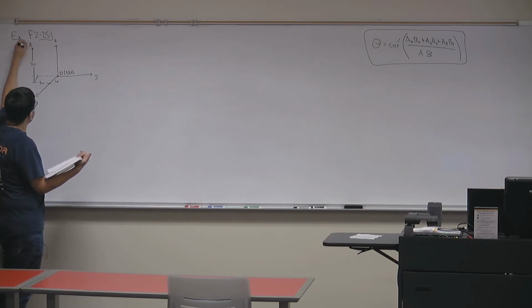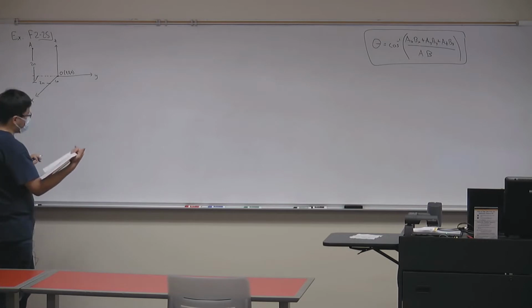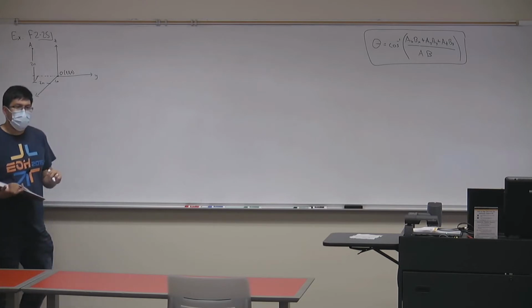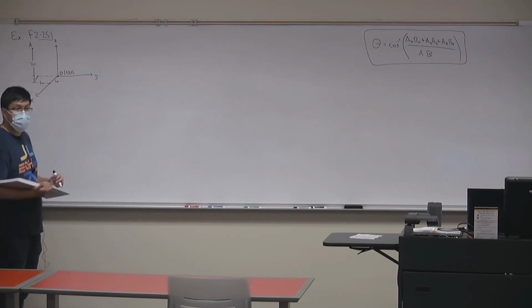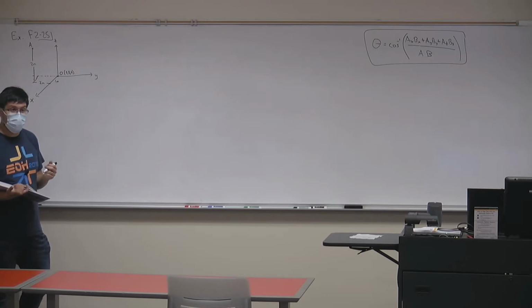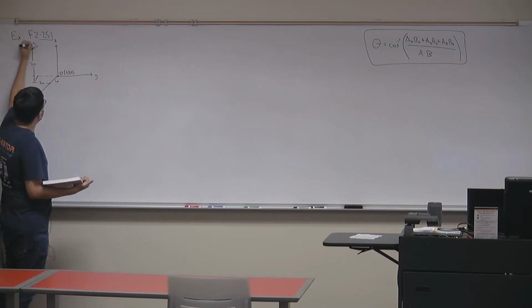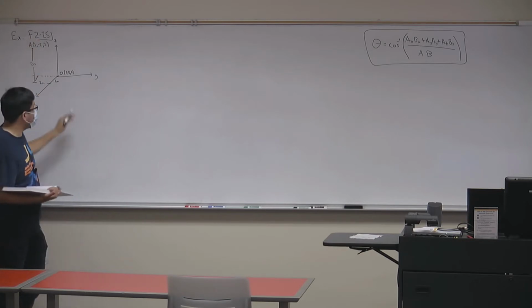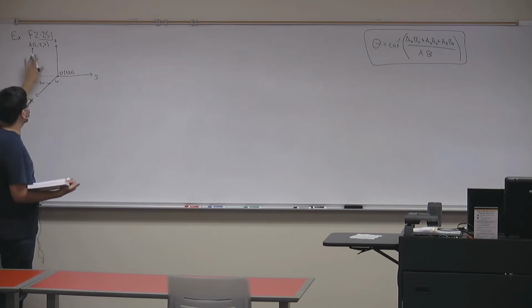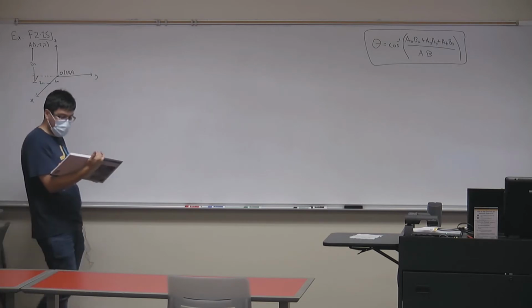So this is my point A. Again, if you can look at it in your book, it may be more helpful than trying to figure it out from my drawing. What are the coordinates of A? 1, -2. There we go. -2, 2. Remember, positive y, negative y, right? So 1, -2, 2.